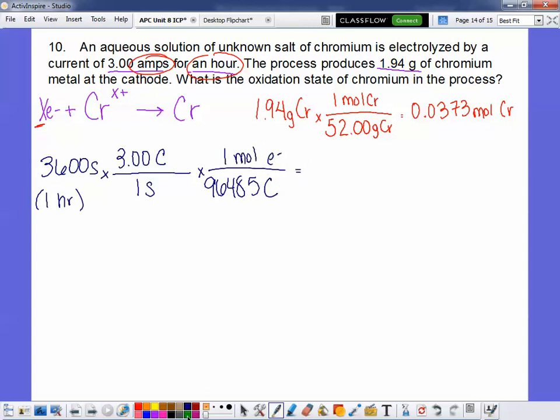Seconds cancel, coulombs cancel. We're left with moles of electrons. How many moles of electrons is that? Yes, I got 0.112.